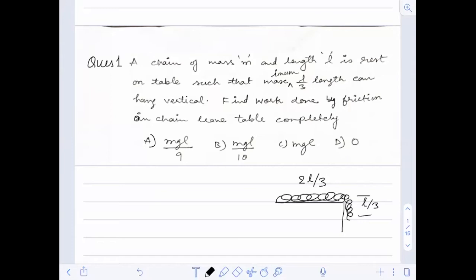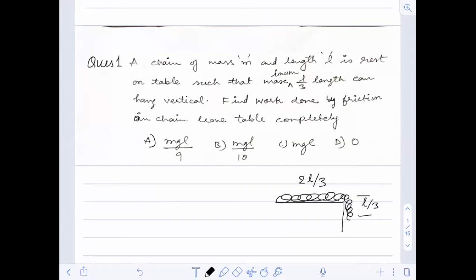Now you have to find the work done by the friction on the chain so that it leaves the table completely. So just think about the question and try to solve it, and the options are also given to you.